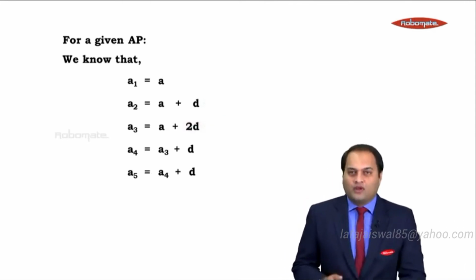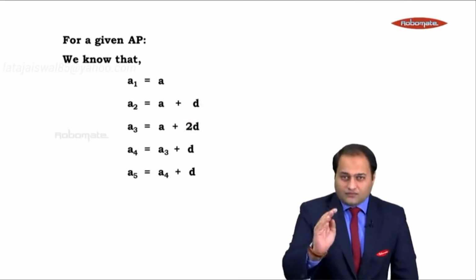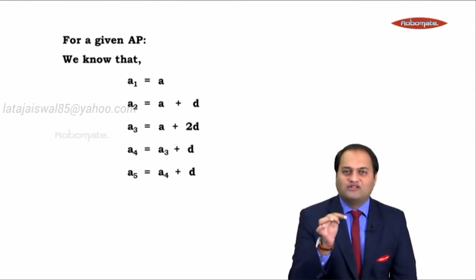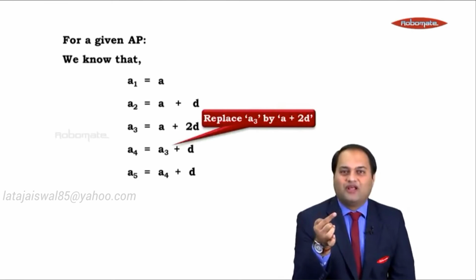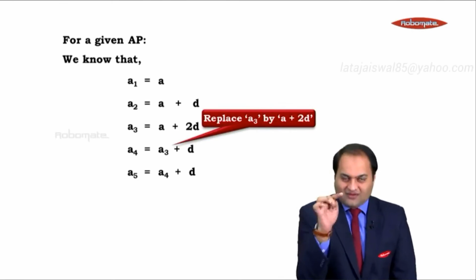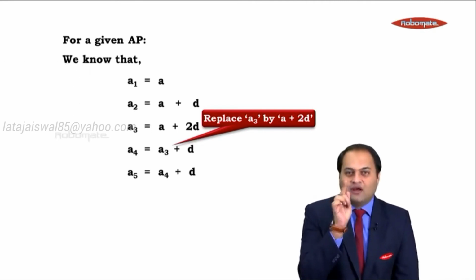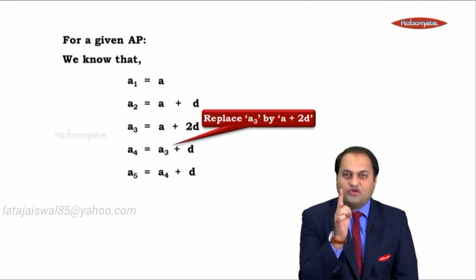Clear? Now look at A4. A4 is A3 plus D. But what is A3? A3 is nothing but A plus 2D, the step above, right? Replace this A3 by A plus 2D, and what you get?